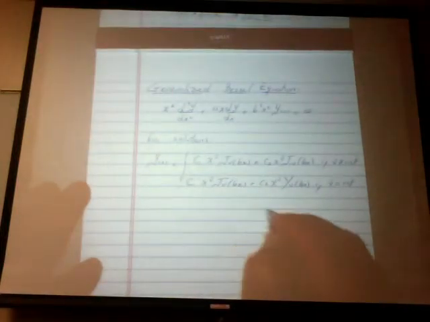And I'm just going to jump to the solution. The solutions are y of x equals c1 x to the nu J nu of bx plus c2 x to the nu J minus nu of bx, if nu is not an integer, or c1 x to the nu J nu bx plus c2 x to the nu Y nu bx if nu is an integer, where nu is equal to 1 minus a divided by 2.